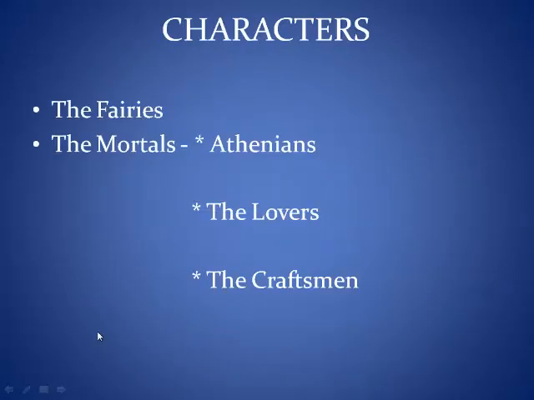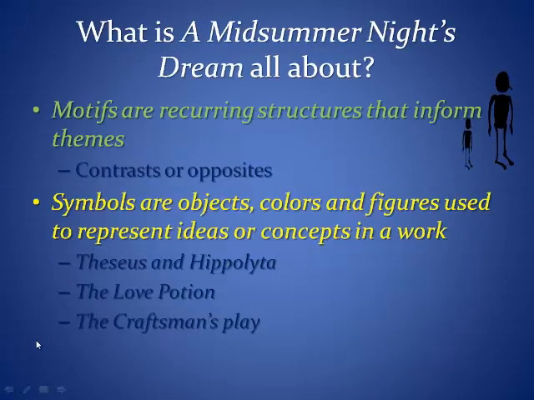The play is heavily or tightly packed with motifs and symbols. What are motifs? They are recurring structures that inform themes, and here it is the contrasts or the opposites, such as tall and short, ugly and beautiful, etc. Then what are these symbols?